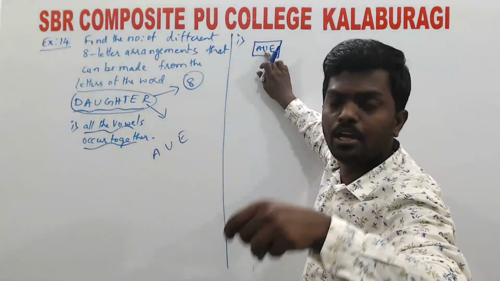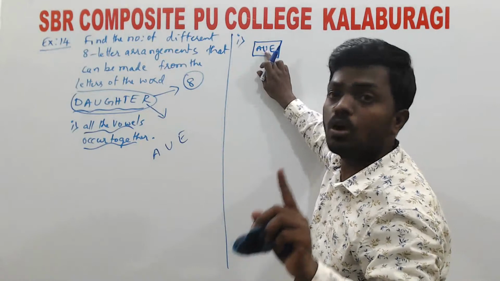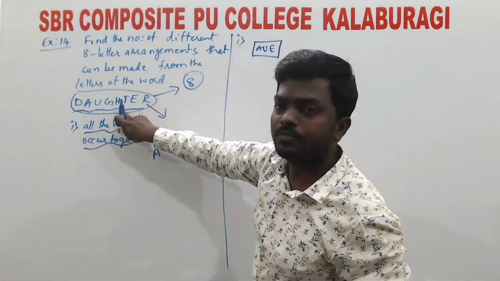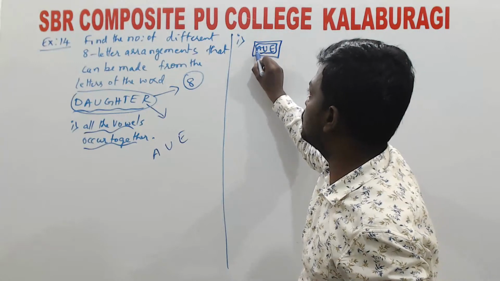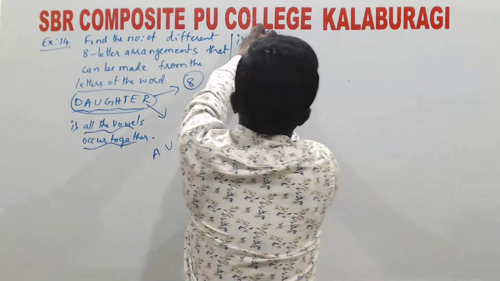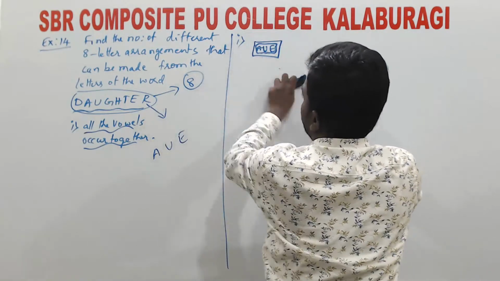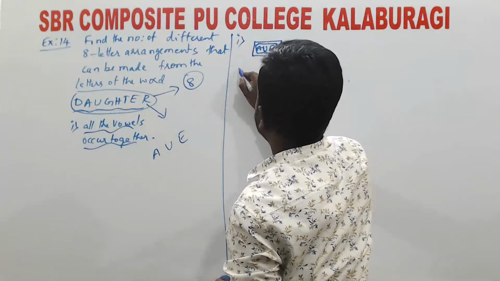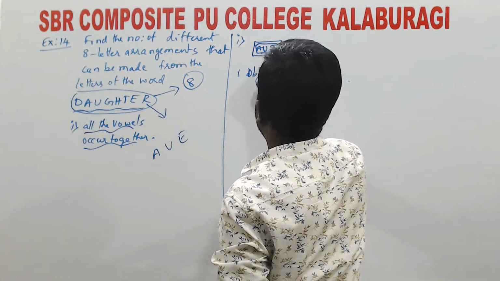Tie them up and put them in one box itself. So among the 8 letters of daughter, 3 are already inside because they must be tied together. So this is nothing but one object, right?